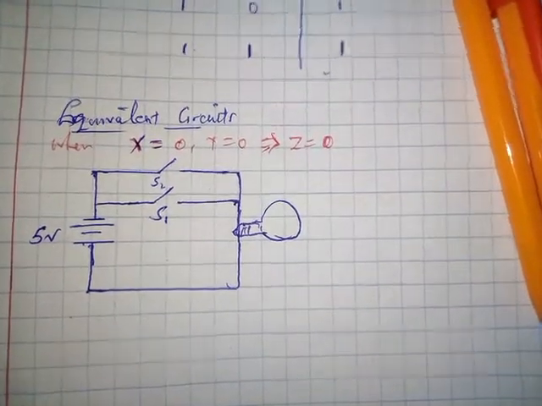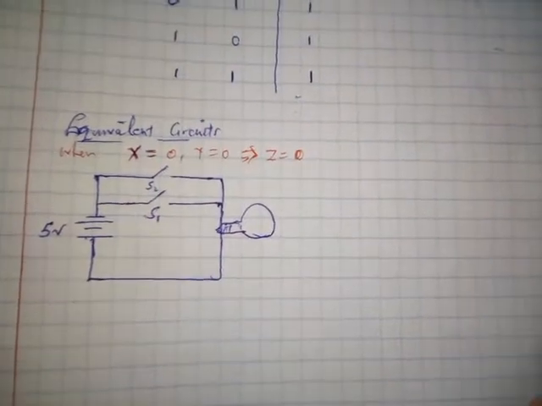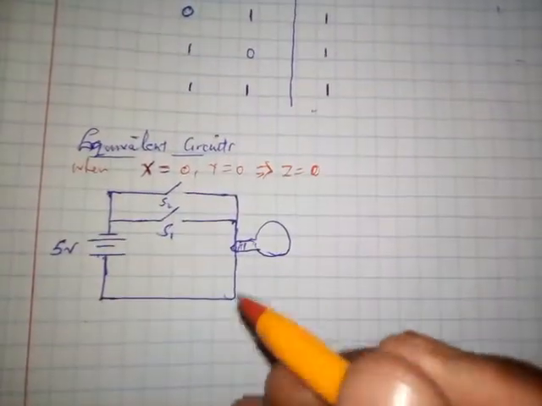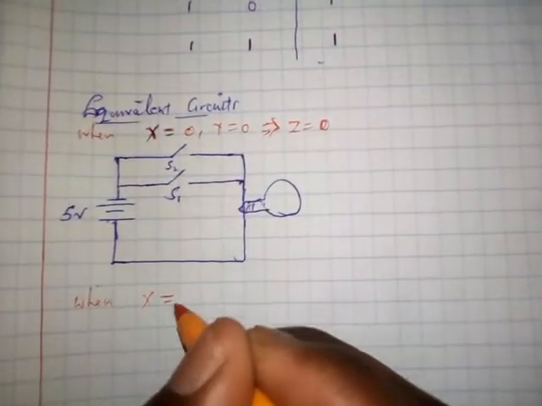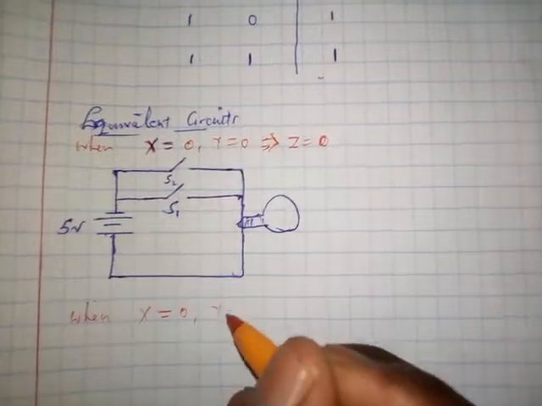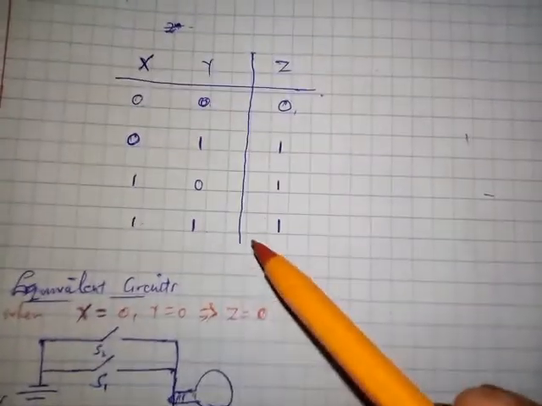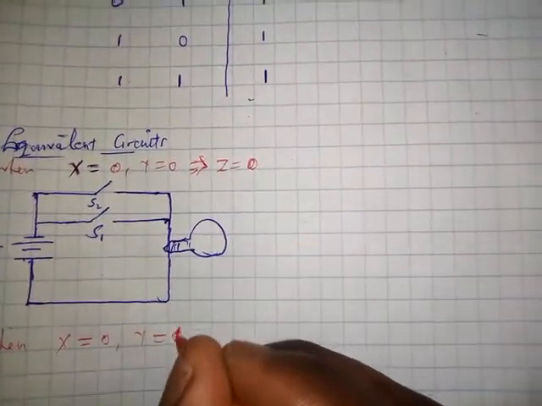Okay, let's look at an equivalent circuit when X is equal to 0 and Y is equal to 1.